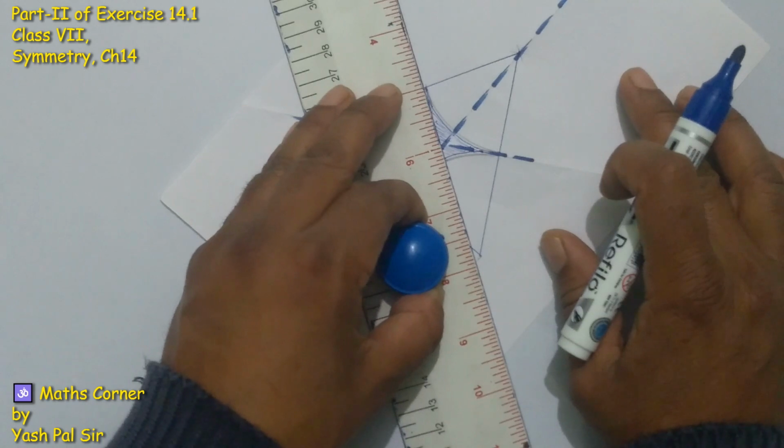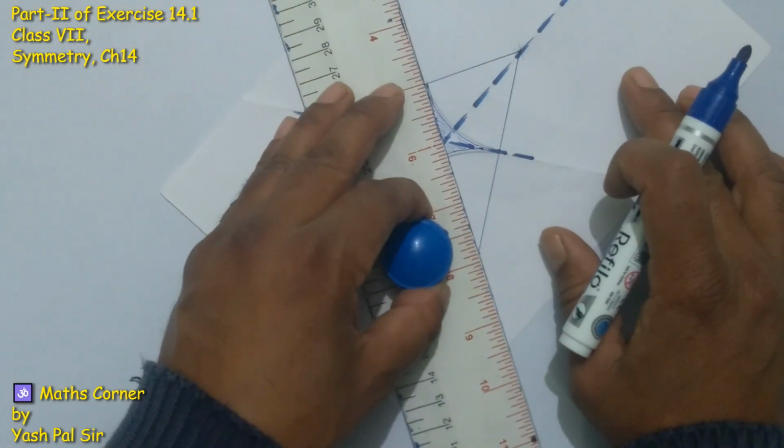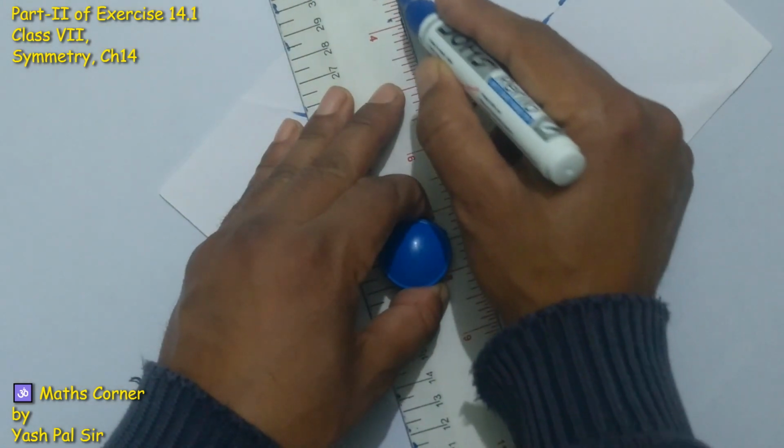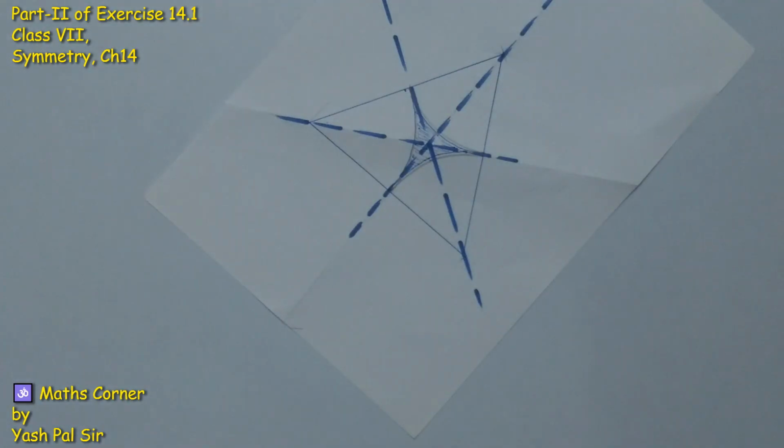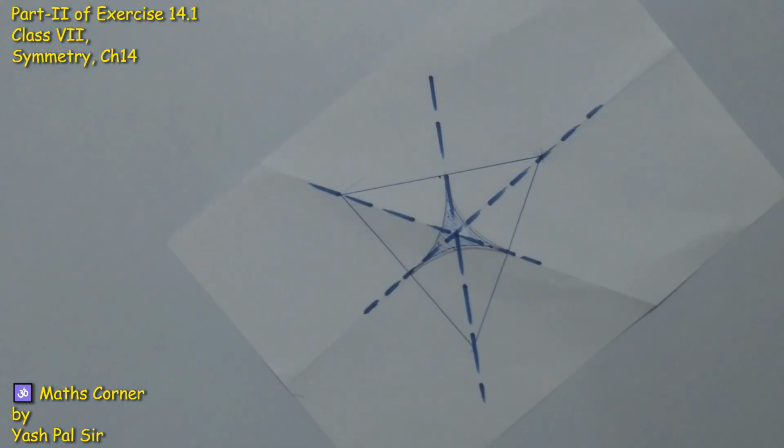Right. Similarly, we have the third fold, that is third line of symmetry. Okay, so three lines of symmetry of this figure we have.